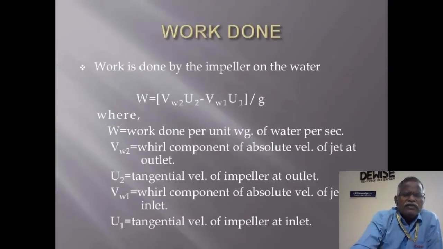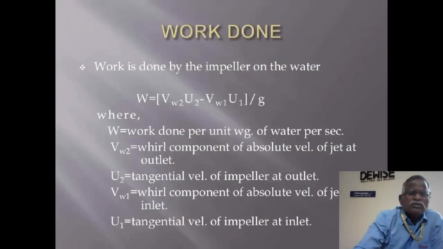Next, work done by the impeller. Work done by the impeller on the water: W = (Vw2 U2 - Vw1 U1) / g. W is the work done per unit weight of the water per second. Vw2 is the whirl component of the absolute velocity of the jet at the outlet.